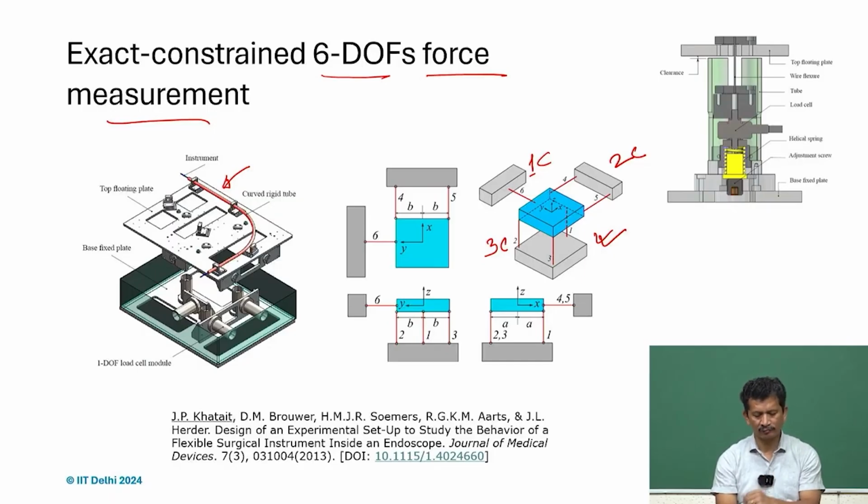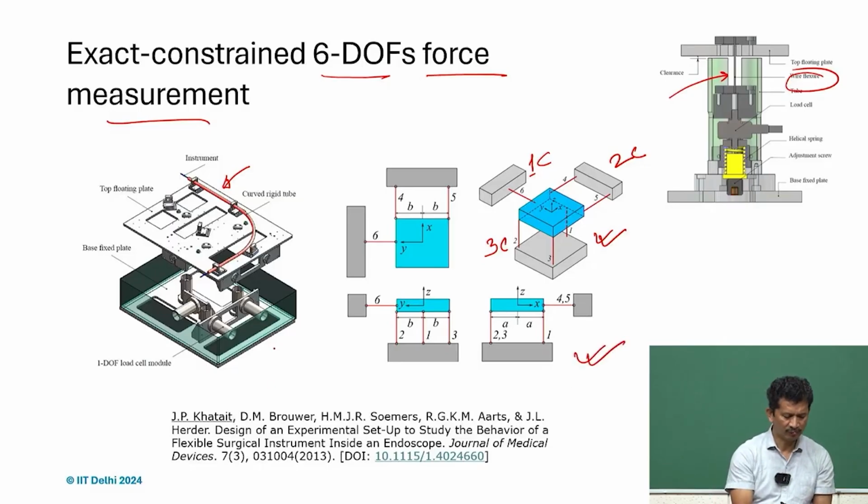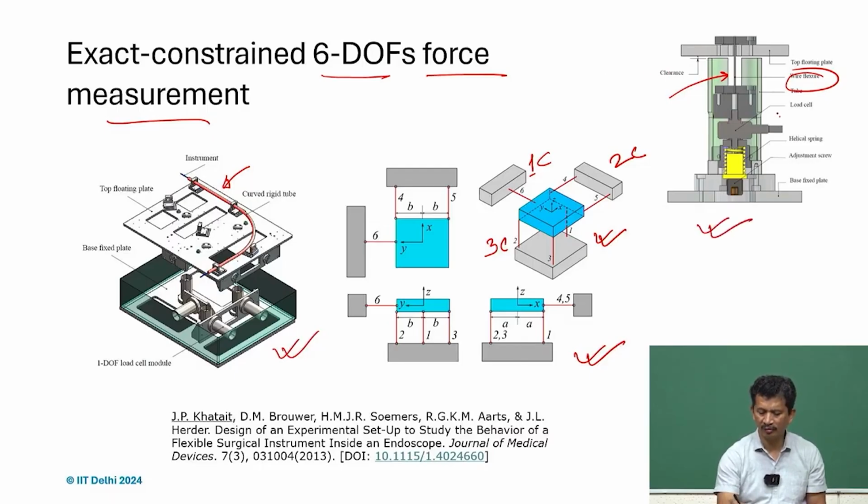So, we can replace the constraint line with an articulated link, and later it can also be replaced with wire flexures, which is what we have here. So, this is the concept and embodiment design here, and this is the detailed design where we have the load cell here.